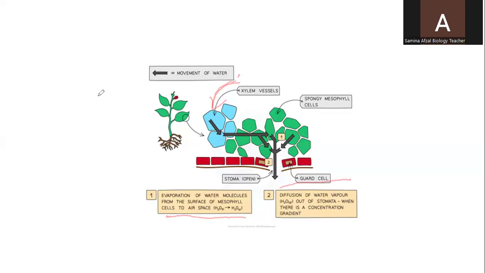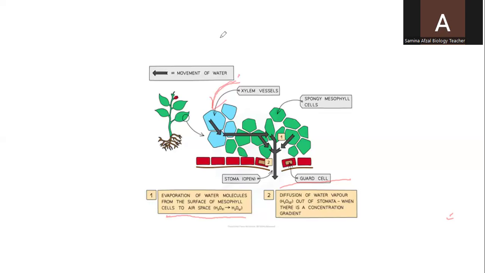That is, water will be in higher concentration inside the leaf as compared to outside, so water will move out through stomata. In this way, water is transpired, or evaporated, through aerial parts of the plants due to the concentration gradient or the difference in the water potential.